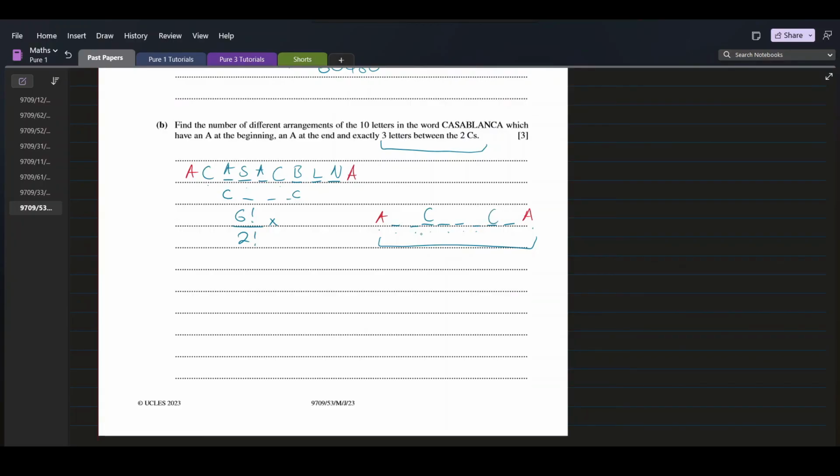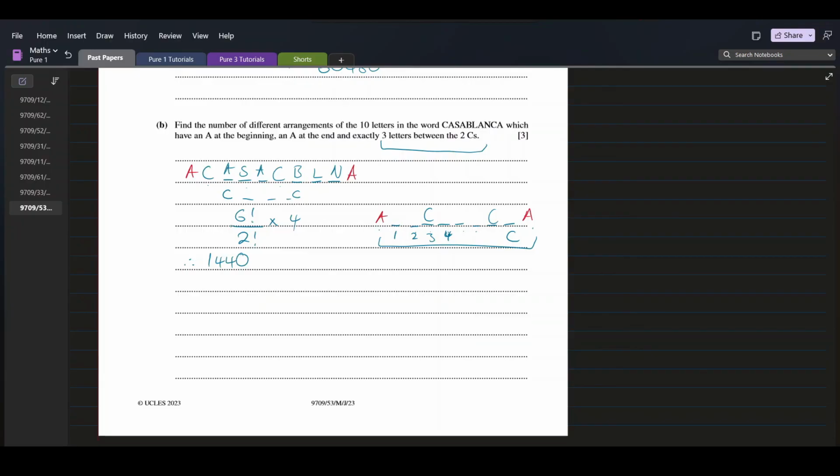And as you can see, we can simply count 1, 2, 3, 4, because at this position 4, the last C will be at the end here. So it means the 4 possible scenarios, so we multiply by 4. If we punch that into our calculator, 6 factorial over 2 factorial times 4, that gives us 1440, and that is our final answer.